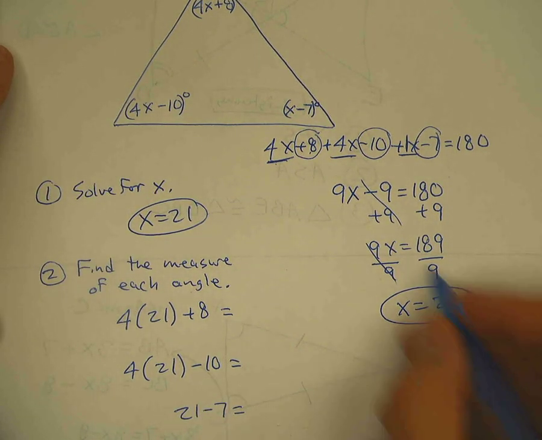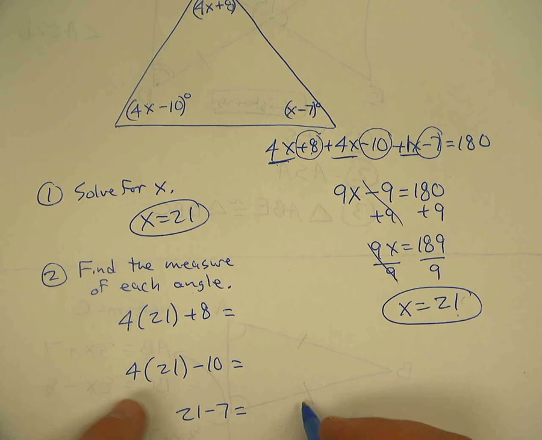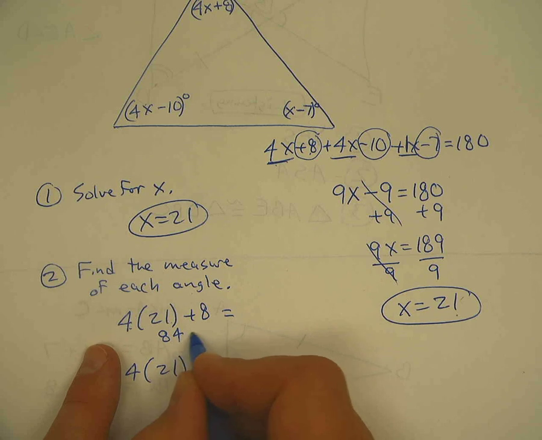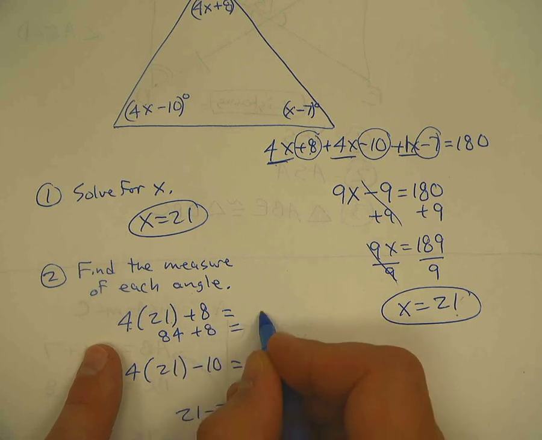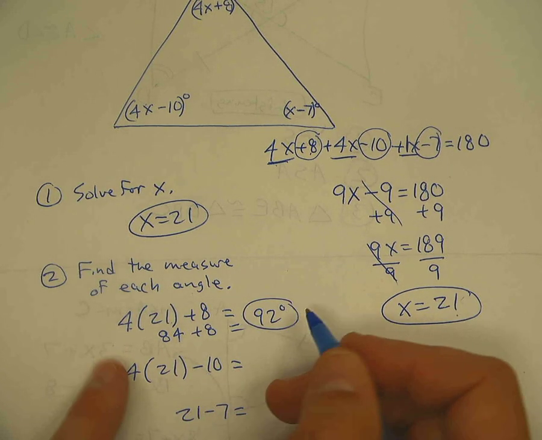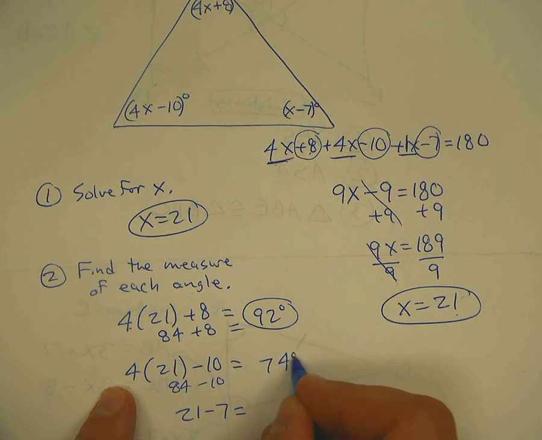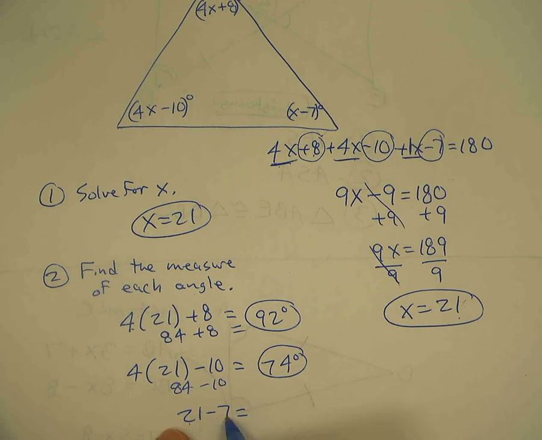I just put it wherever the x is, in those spots. So here I have 4 times 21, which is 84, plus 8, which is 92 degrees for that angle. This one is going to be 4 times 21, which is 84, minus 10, which is 74 degrees. This is 21 minus 7, which is 14 degrees.